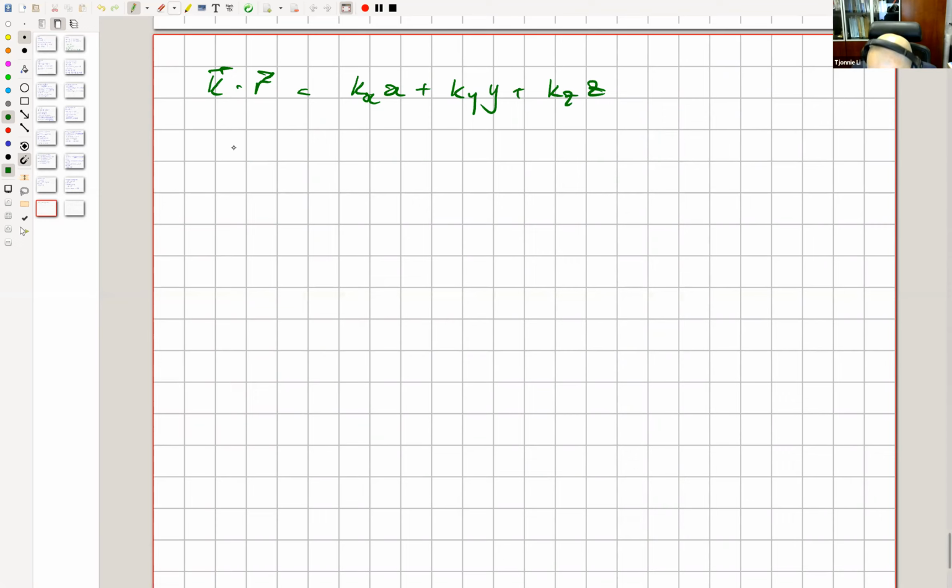And so when I'm taking the nabla dot E, in this case this nabla is partial x, partial y, partial z, right, in Cartesian coordinates.